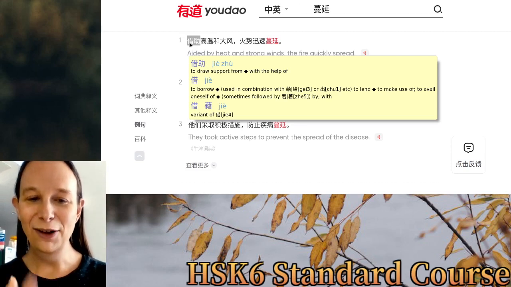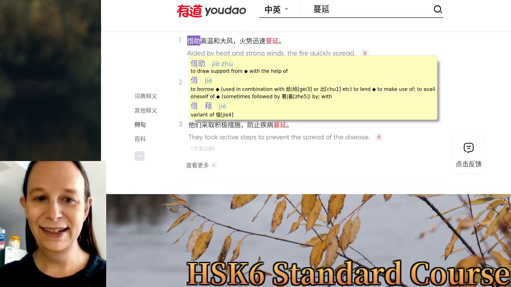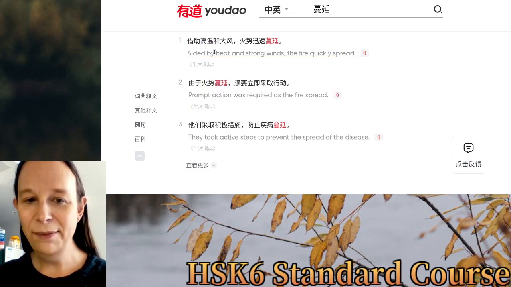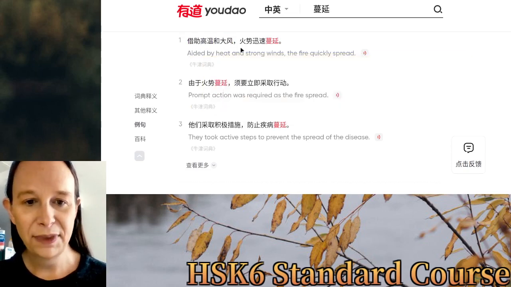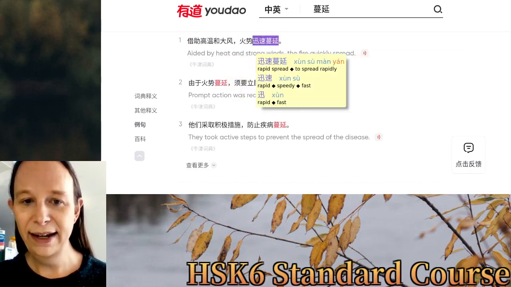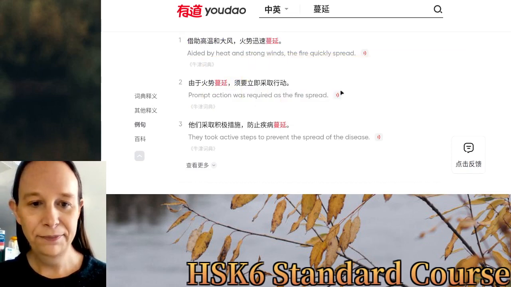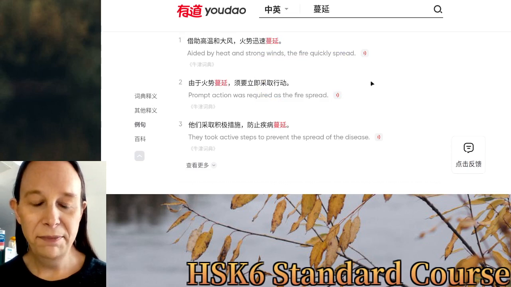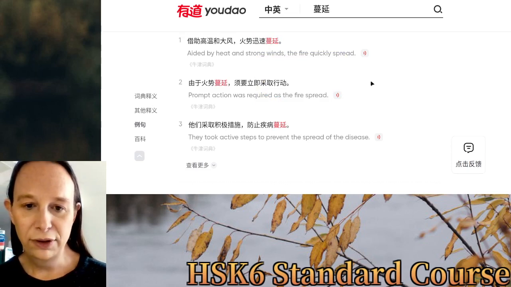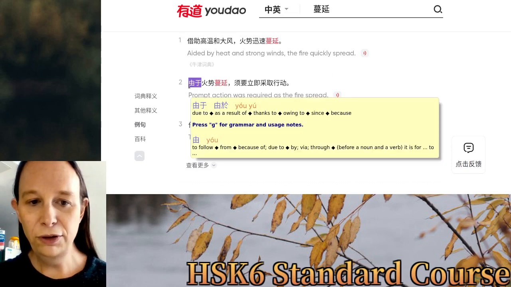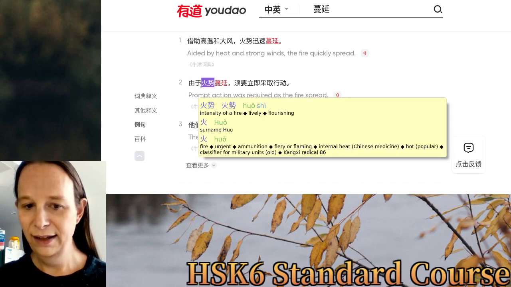It's not literally used, right? So it just has help from high temperatures and strong winds. The fire rapidly spread. 迅速蔓延。由于火势蔓延，需要立即采取行动。Due to 火势.